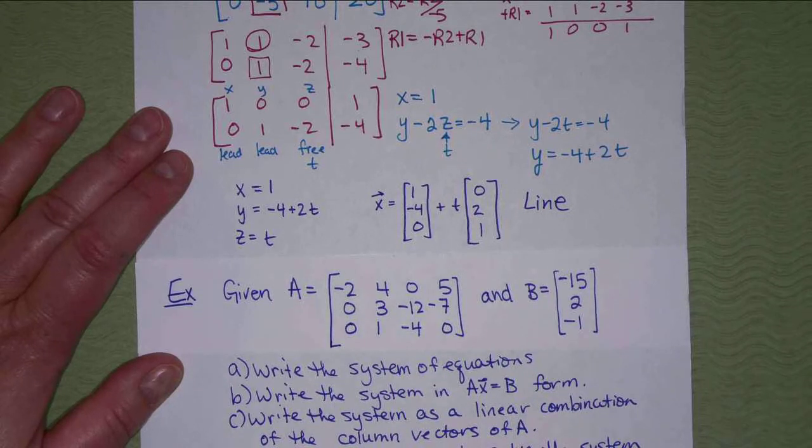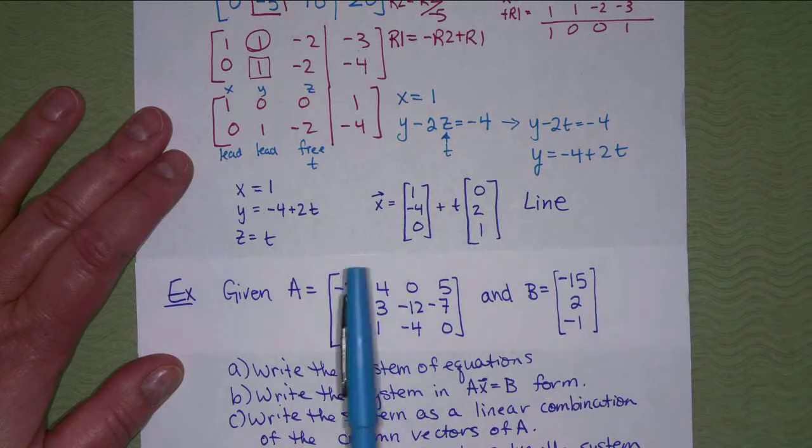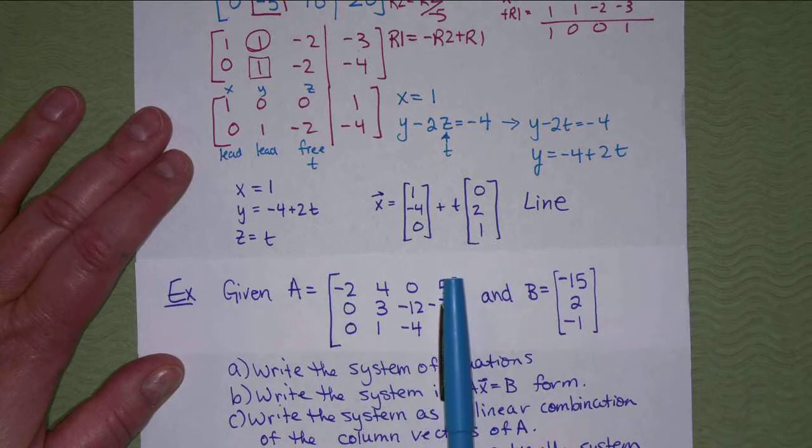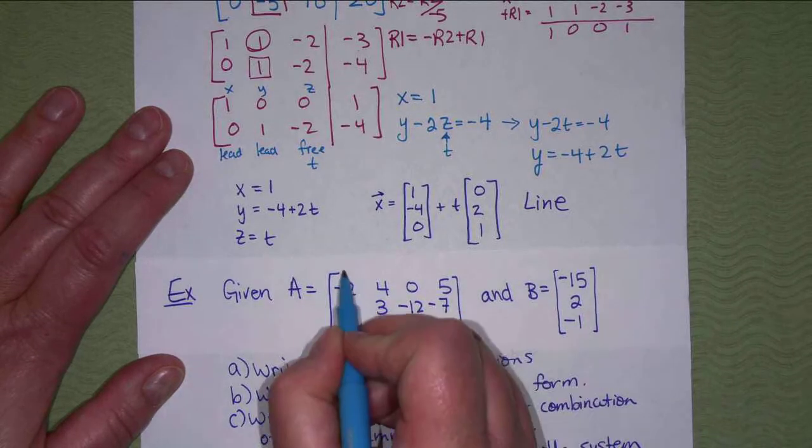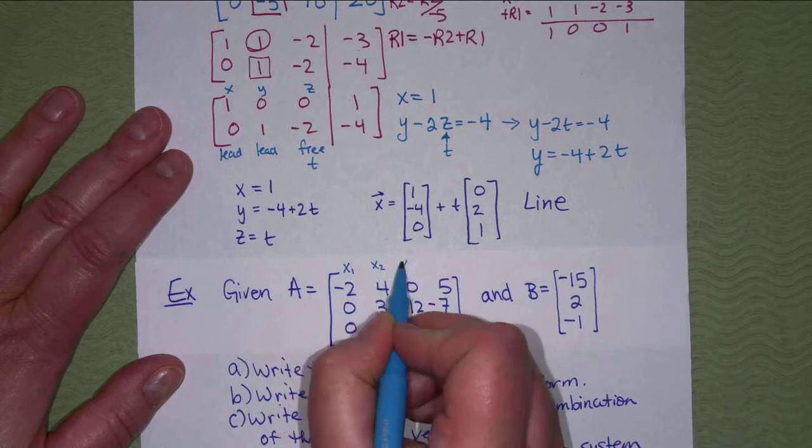And part A just says write the system of equations. So it didn't give us the variables, but we know how many variables there are by the number of columns. So there's 4, so we'll say x1, x2, x3, x4.